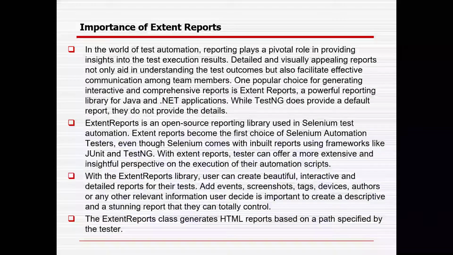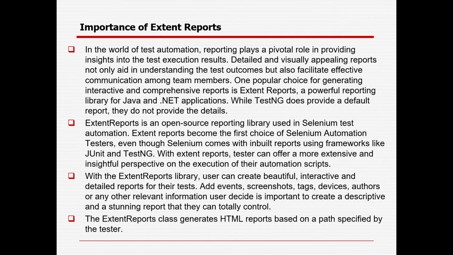So in the world of test automation, reporting plays a pivotal role in providing insight into the test execution result. Detailed and visually appealing reports not only aid in understanding the test outcome but also facilitate effective communication among team members.